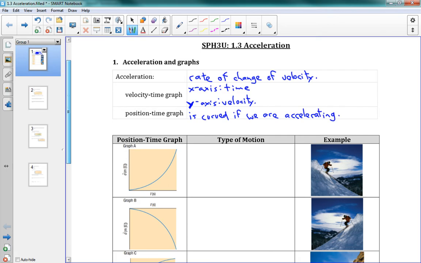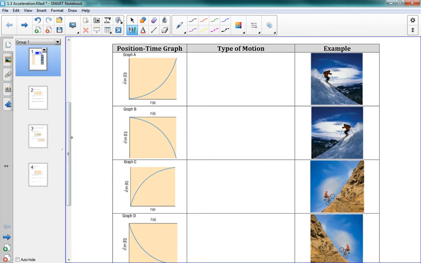So, we'll take a look at a few graphs down here. We've got position time graphs. We've got a curved position time graph, so that means we're accelerating. I just want to describe it a bit. We can say here that position and velocity are increasing. So we're getting further and further away from our starting point.